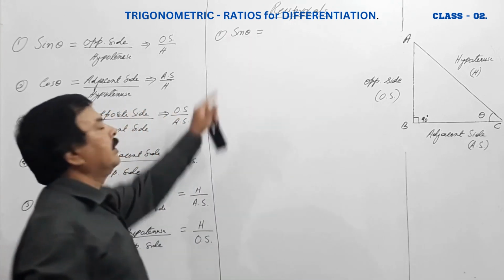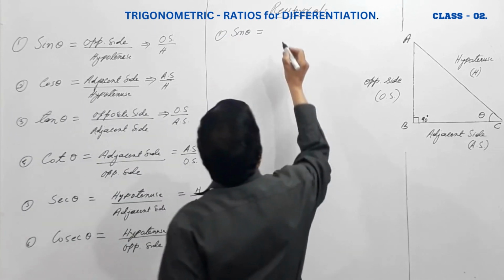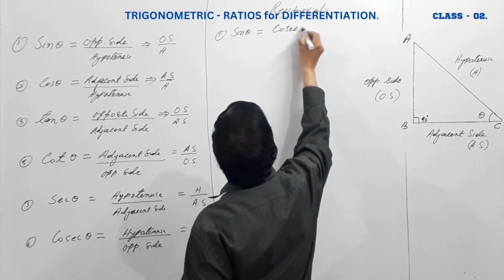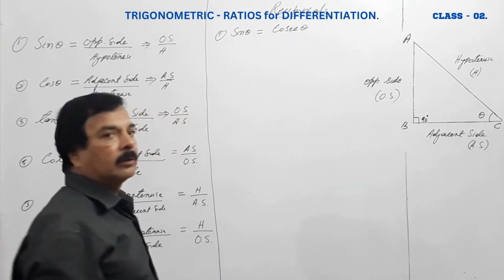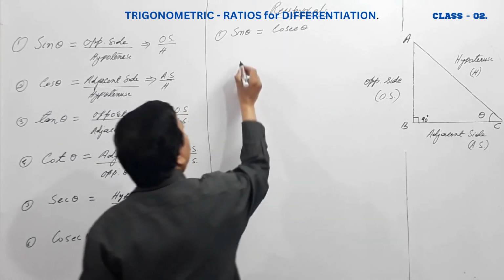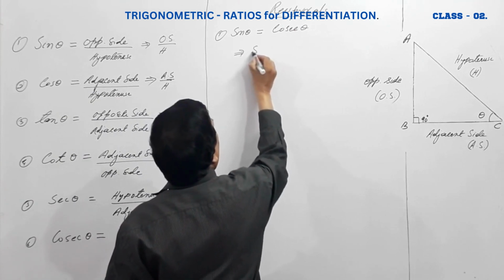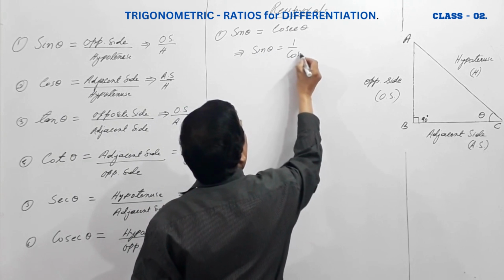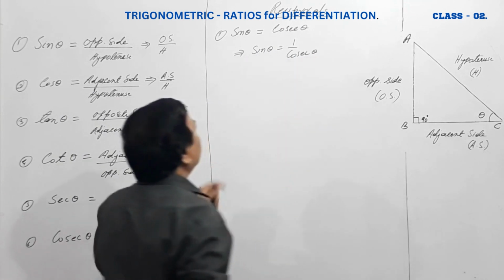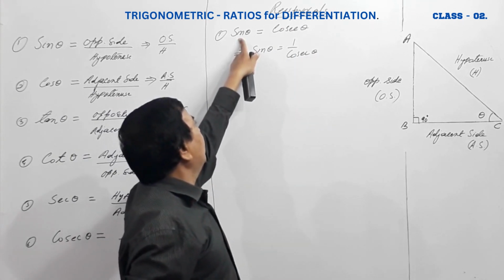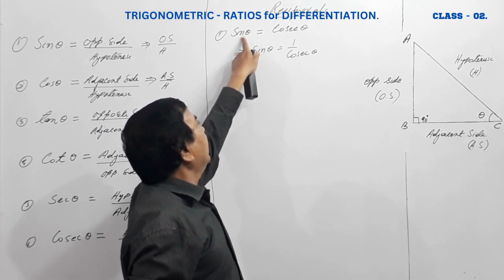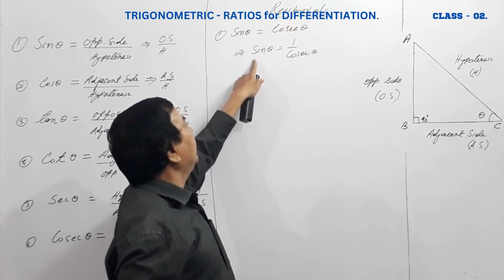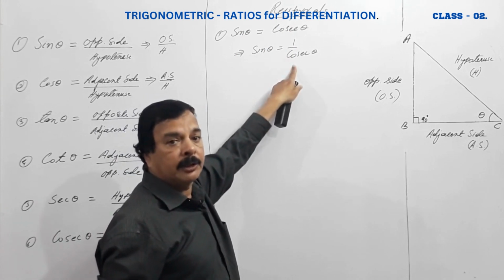The reciprocal of sine theta is cosecant theta. That is, sine theta equals 1 by cosecant theta. This is the way you are supposed to write its reciprocals.